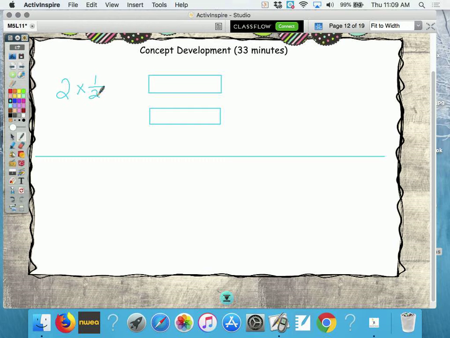And then the other problem I want to talk about is 1/2 of 2. Now don't write of, because what sign can we substitute? Multiplication. Good. Just like groups of, copies of, or just plain of. So I want you to write these two problems down, and then I'm going to show you the difference in those two.